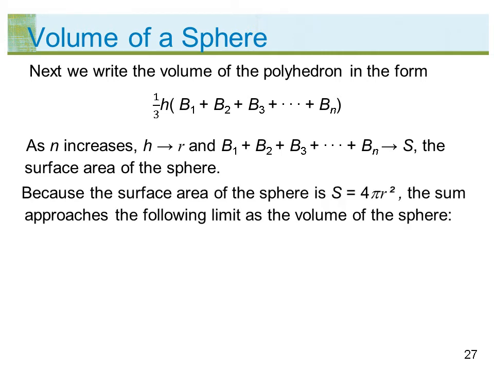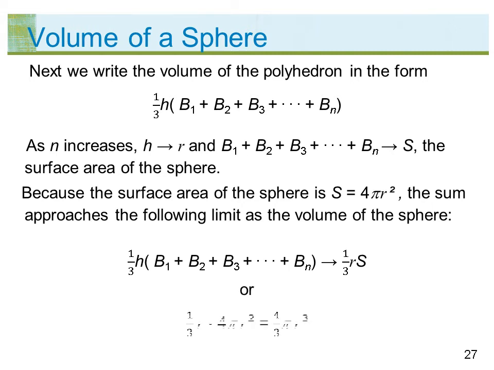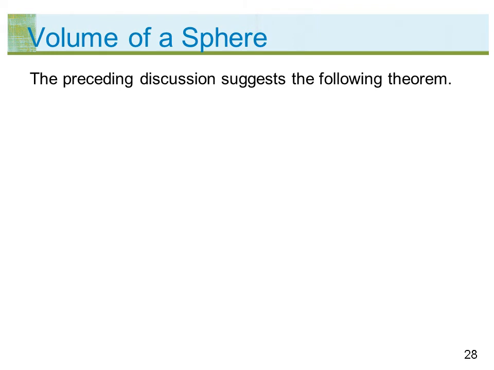Because the surface area of the sphere is capital S equals 4 pi r squared, the sum approaches the following limit as the volume of the sphere. 1/3 h times the quantity b sub 1 plus b sub 2 plus b sub 3 plus ... plus b sub n approaches 1/3 r times capital S, or 1/3 r times 4 pi r squared, which equals 4/3 pi r cubed. The preceding discussion suggests the following theorem.